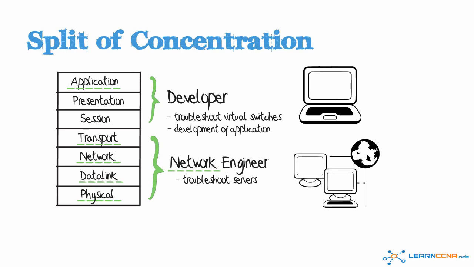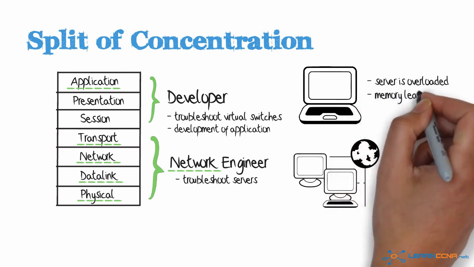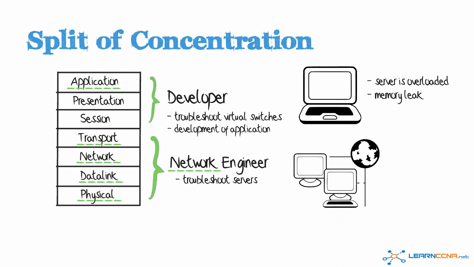Developers may blame the network for performance of their applications, whereas in actual fact, the reason could be something else, such as the server being overloaded, or a memory leak because of bad code in their development. But in brief, network engineers concentrate on the lower layers, server administrators tend to concentrate on the upper layers, even though those lines are now blurring.